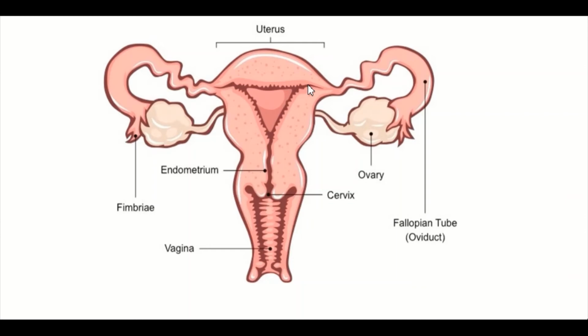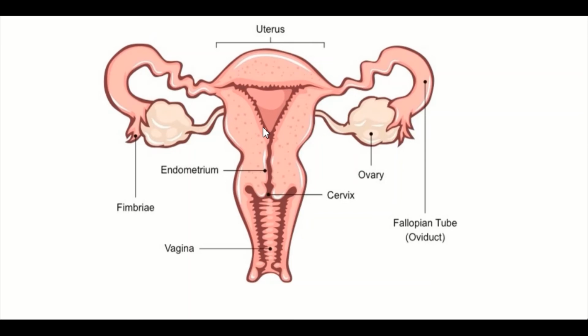So this endometrium will provide attachment for the embryo, and this is where nutritional exchange can occur between the growing fetus and the mother during gestation, where the placenta would also develop right here in the endometrium.